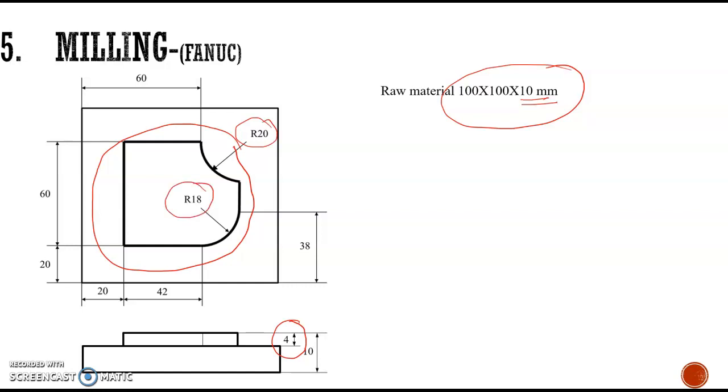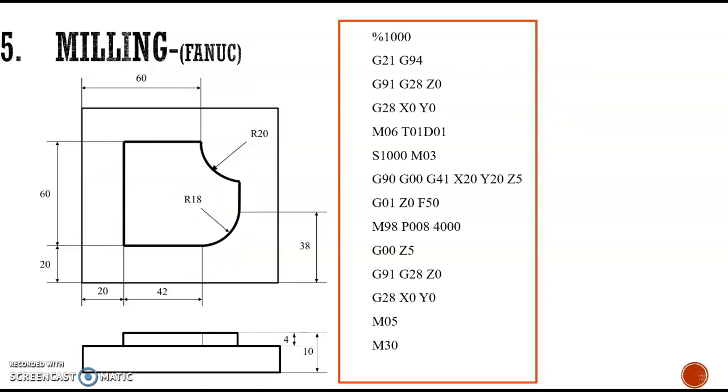And in milling, we are following the FANUC control system. Let's start with the main program. The main program number in FANUC is represented with a percentage symbol, and the number is given as 1000. So that is the identification of this program.